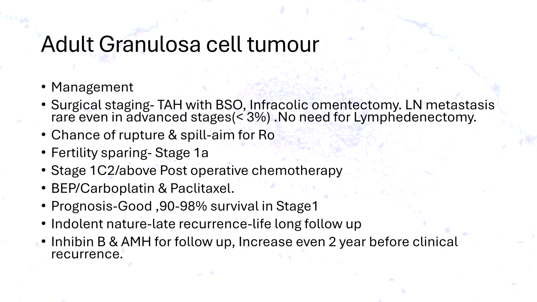Adult granulosa cell tumor is an indolent tumor, that means very slow growing, but it is notorious for late recurrence. Recurrence can occur even after 5 years, 10 years, even after 40 years it has been recorded, which requires lifelong follow-up.